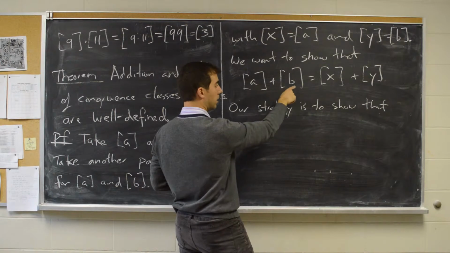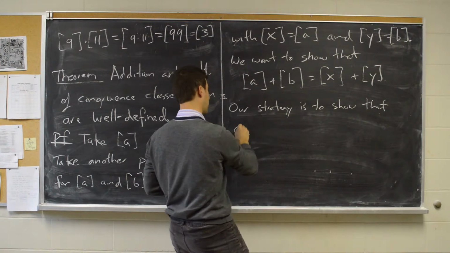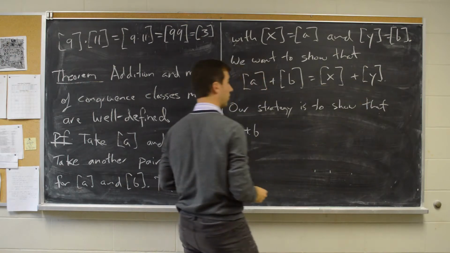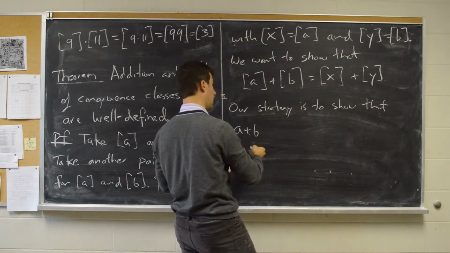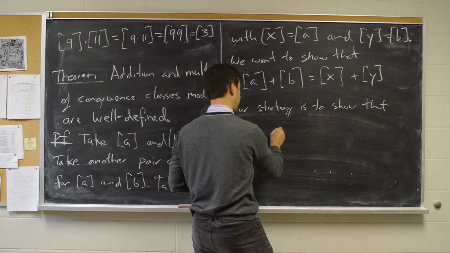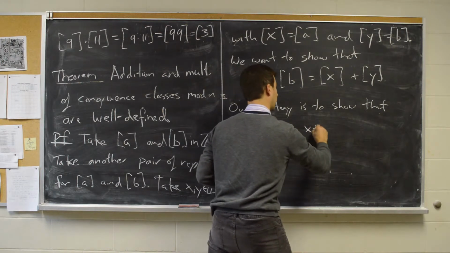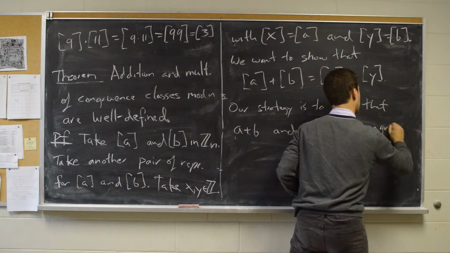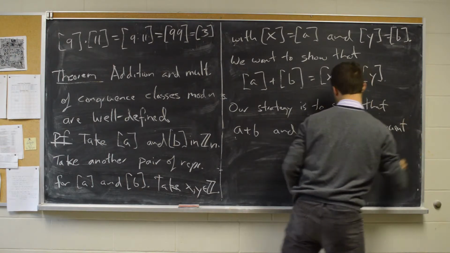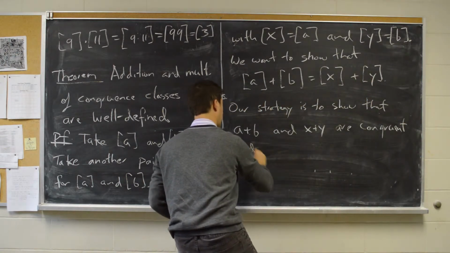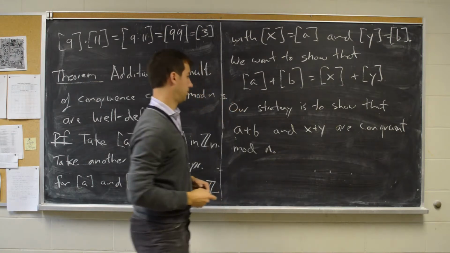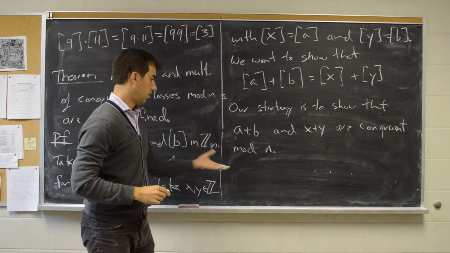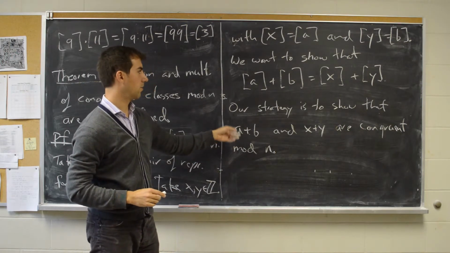This is the congruence class of A plus B, right? And over here, this is the congruence class of x plus y. So we want to show that A plus B and x plus y are congruent modulo n. Okay, so how are we going to get there from here?